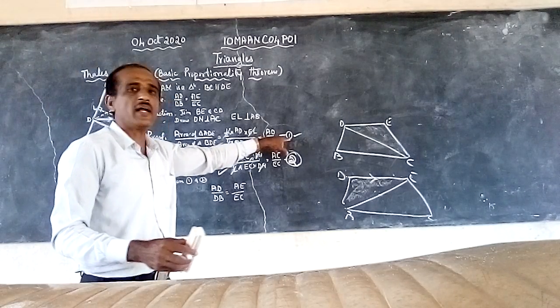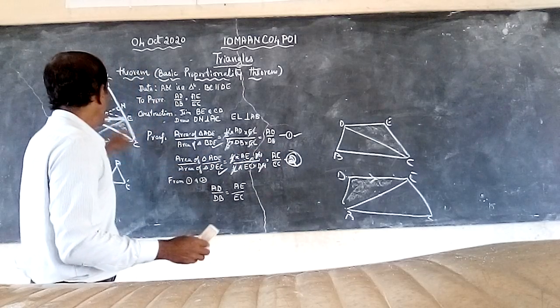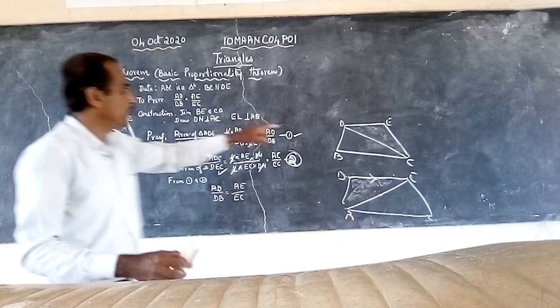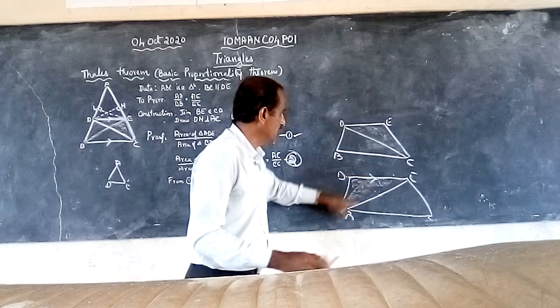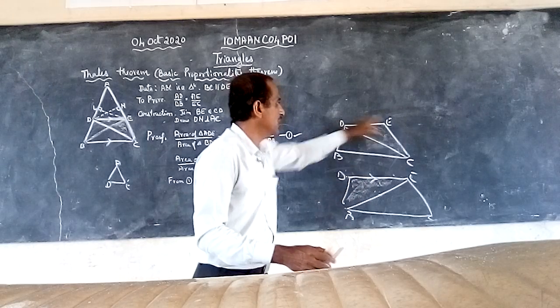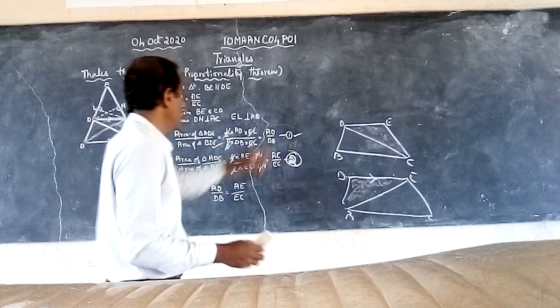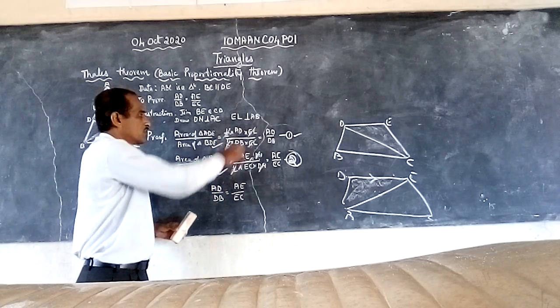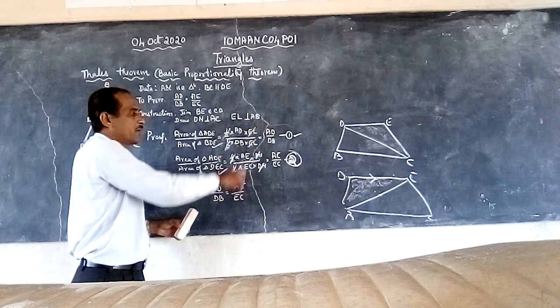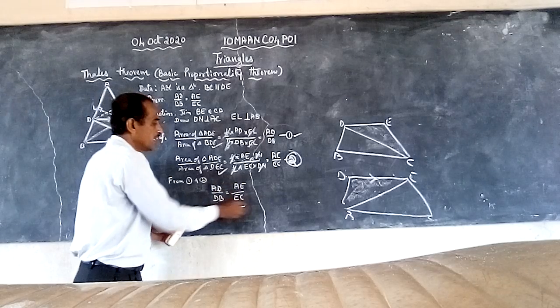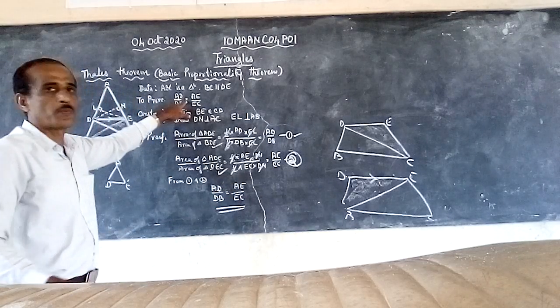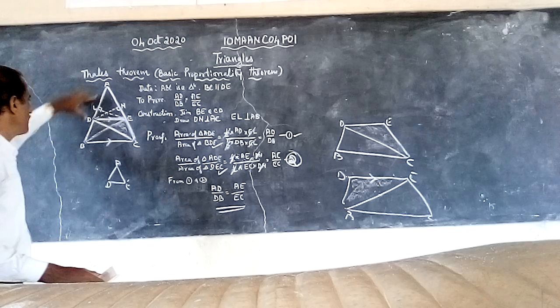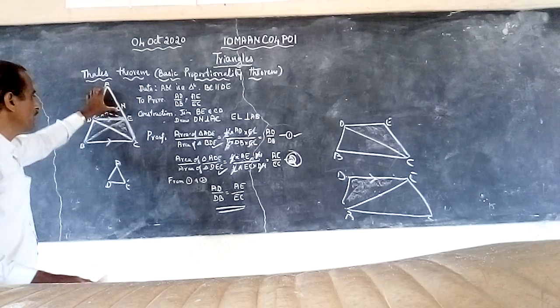Therefore, from 1 and 2, area of the triangle DBE is equal to area of the triangle DEC. Therefore, from 1 and 2, you can say AD by DB. If you compare both the equations, AD by DB is equal to AE by EC. That one only you have to prove. AD by DB is equal to AE by EC.